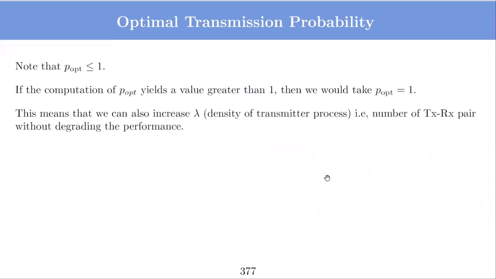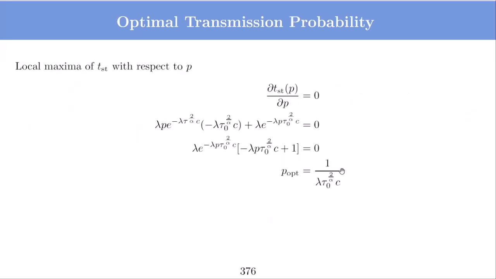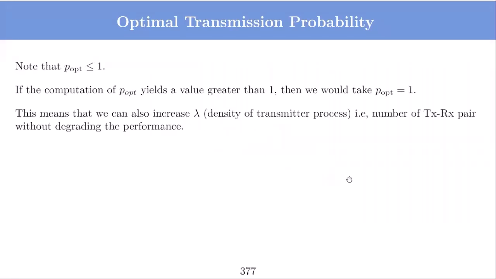If you are getting a value more than 1, it means your density is very low. Even if everyone is transmitting, you are not achieving the optimal density. So in that case, you can increase lambda, which will increase the overall density. And then you can choose p if the spatial throughput is not what you desired.